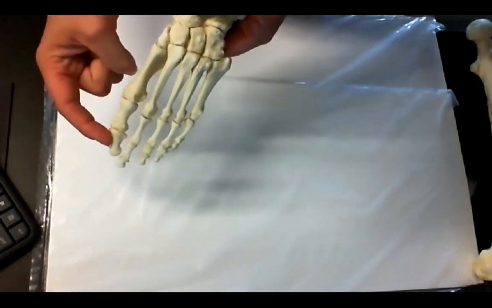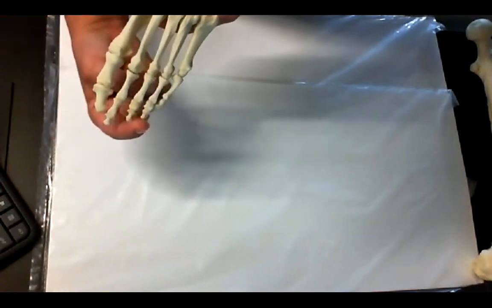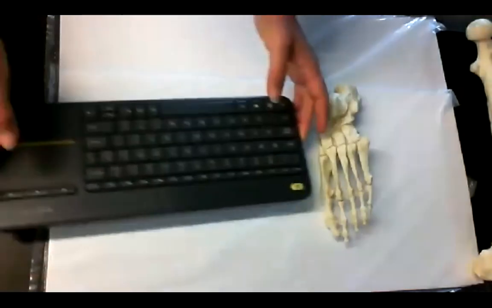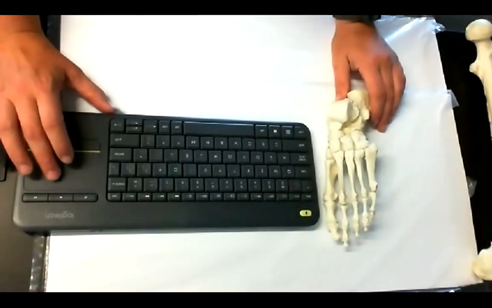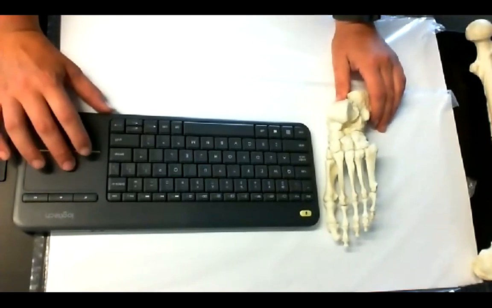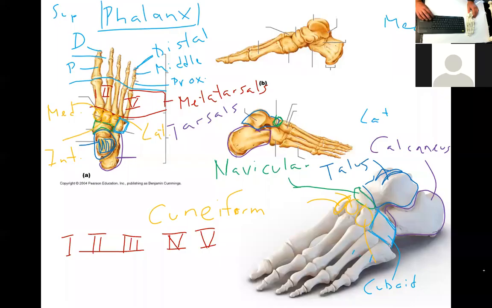Proximal and distal phalanx. Proximal, middle, and distal phalanx for the rest of the 4 toes. Does anyone need to see any of those models again before I flip back to the PowerPoint?